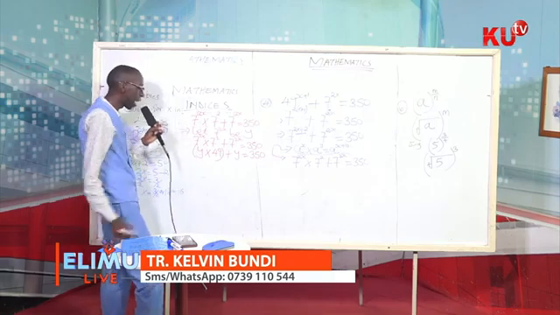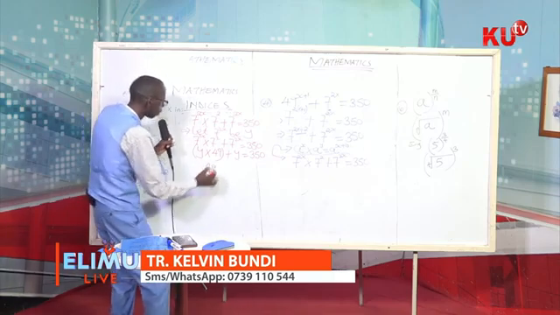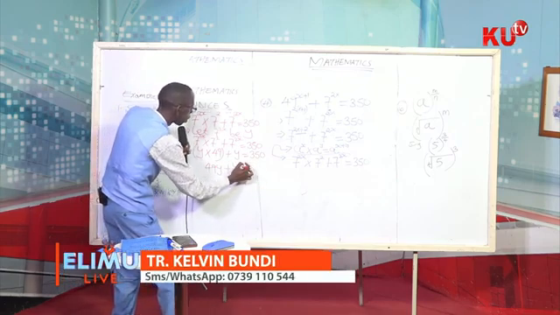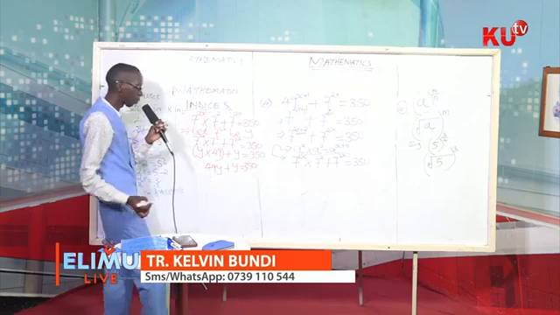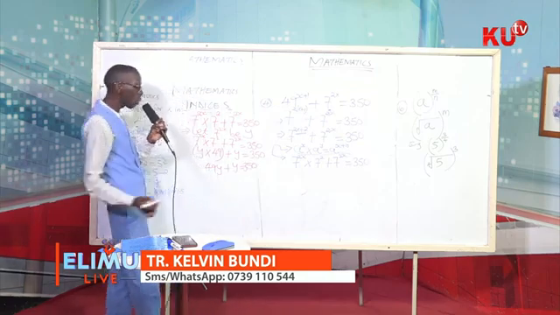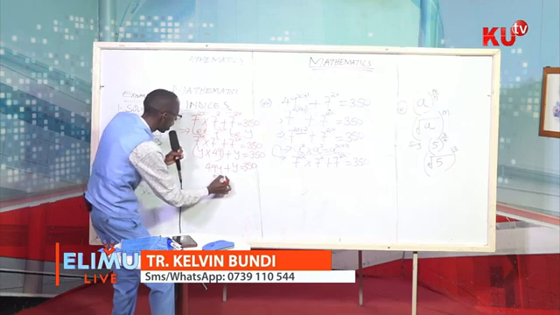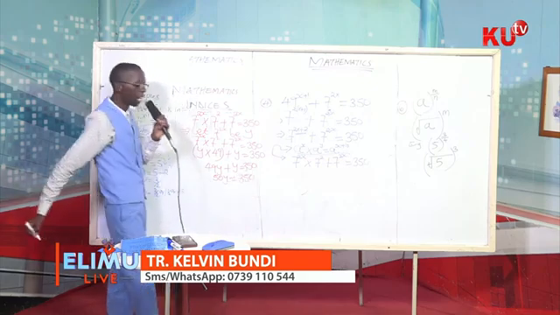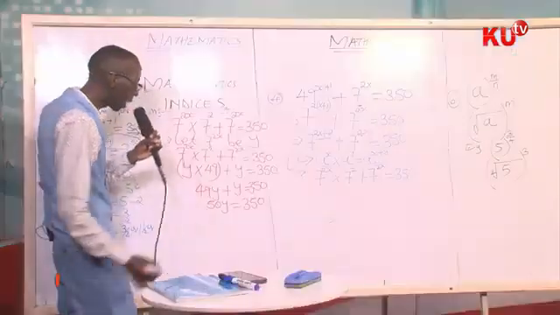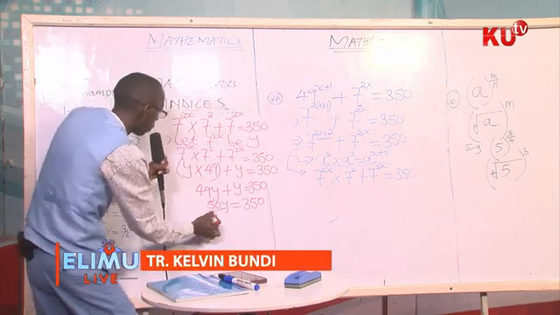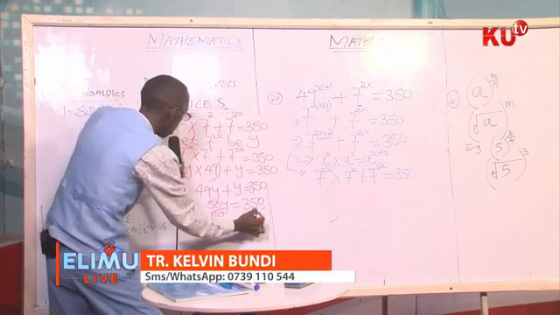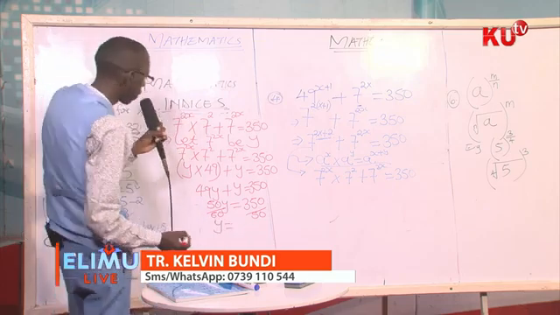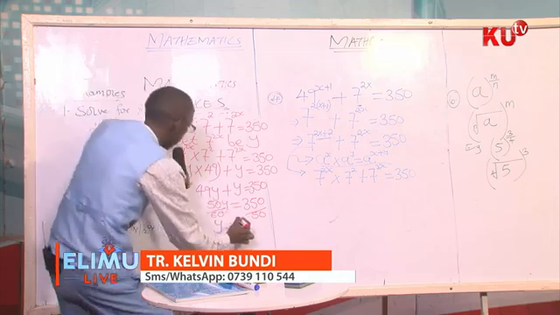Y times 49 is 49y. 49y plus y is equal to 350. 49y plus 1y is 50y. 50y is equal to 350. My dear student, you want to get y. Divide both sides by 50. Your value of y is 350 divided by 50, which is 7.